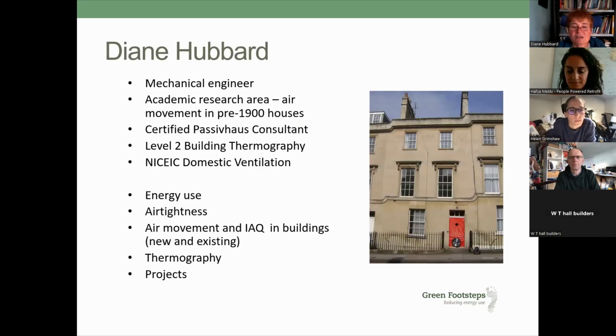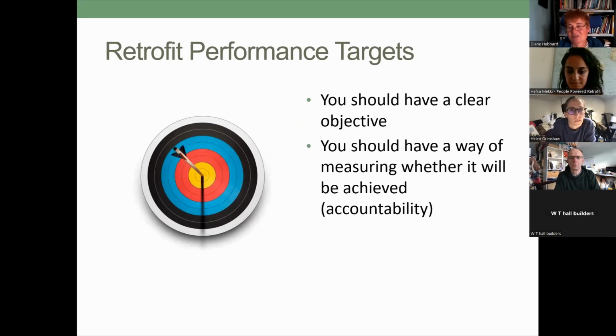Before I start, what I'd really like to emphasize is not so much the specific targets. The thing I see most when I test buildings is that when things go wrong, quite a lot of the time, the problems are down to a lack of clarity about what the objective is, and a means of verifying whether you've actually got there or not.